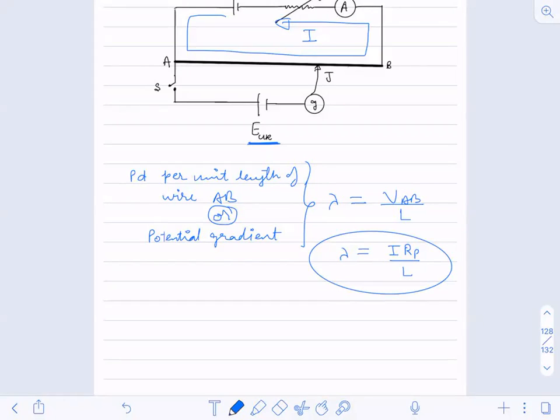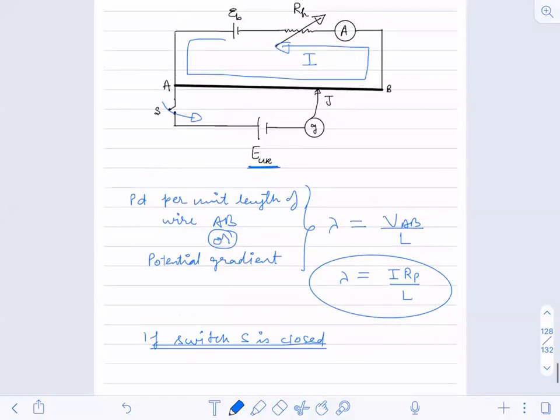Now what you have to do is just assume that you are connecting the switch. Now the switch is closed. So second, if switch S is closed, what is going to happen?